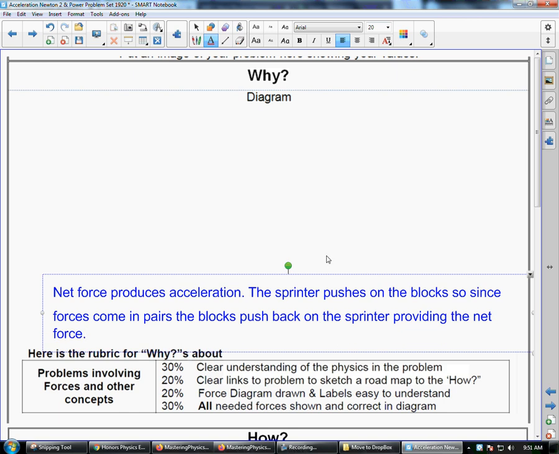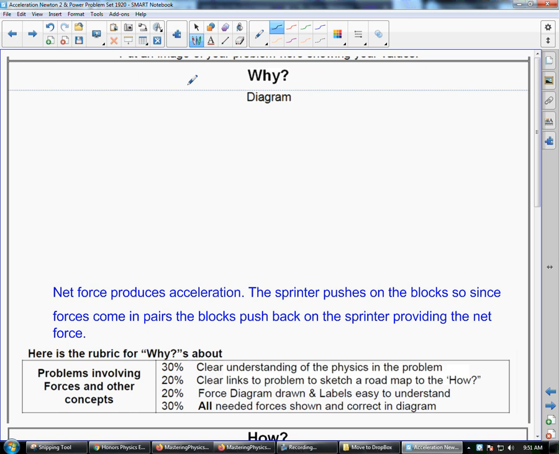So that's why this one was force diagram and other concepts, because you needed to recognize that second part. Yeah, we're on 14. Sorry, I should have put that up here. All right, so let's see. Let's draw.